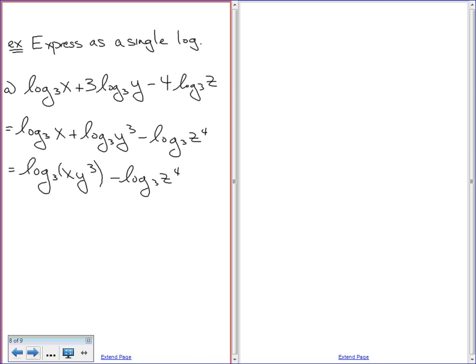Now to combine this into a single logarithm, I'm going to use my second law, and I divide it. So I've taken an expression that was in expanded form, and I've written it as a single logarithm.